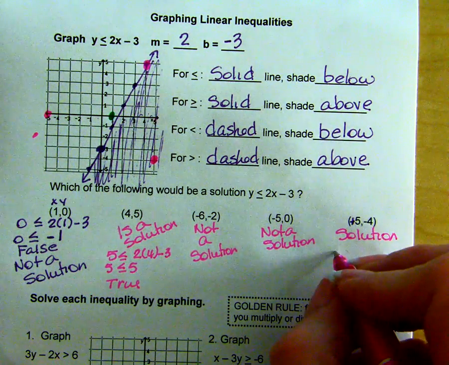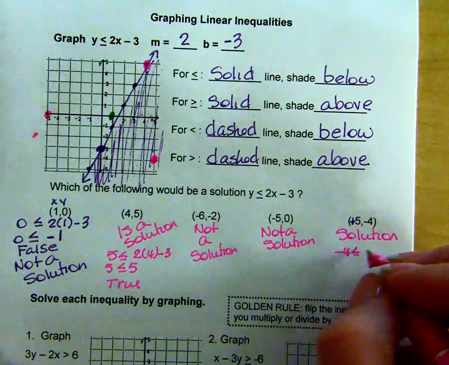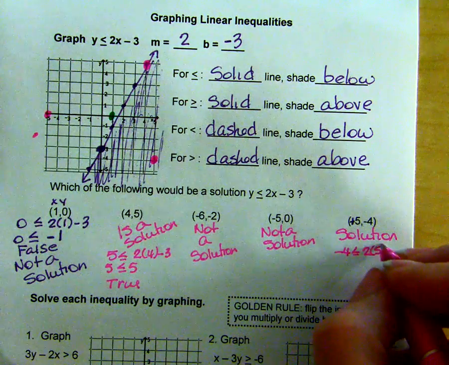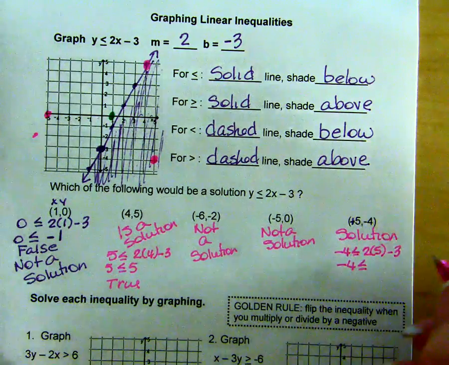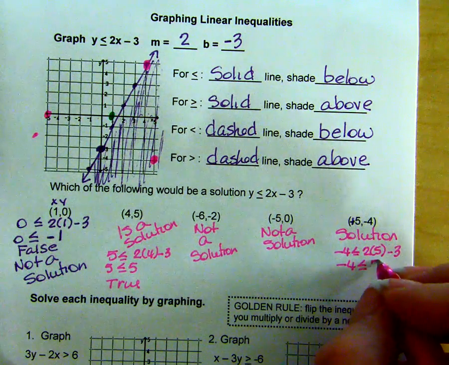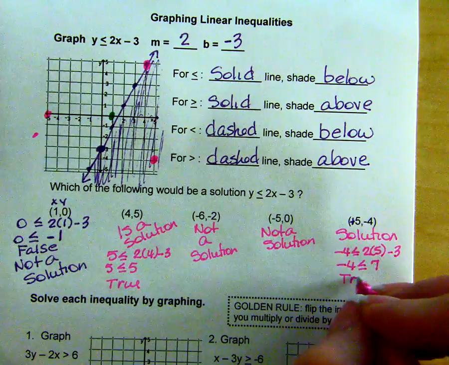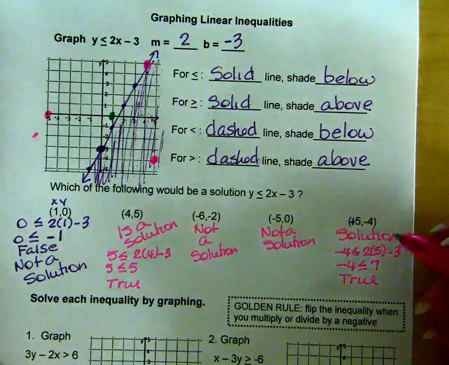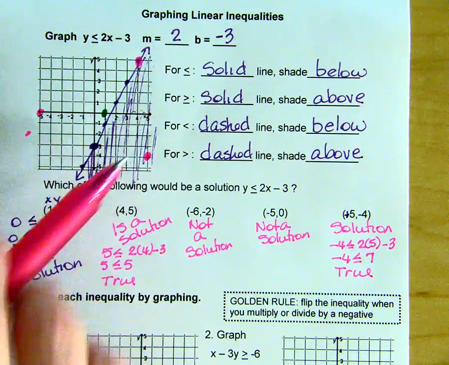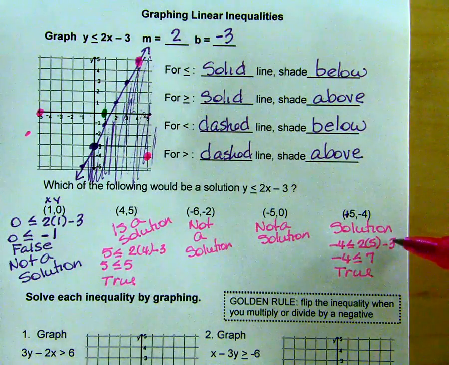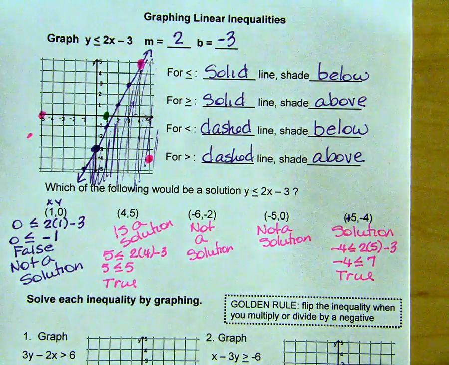So if I said -4 is less than or equal to 2 times 5 minus 3. So I'm going to say -4 is less than or equal to 10 minus 3, which is 7. And this statement is true. That is why we know it is a solution. Not only does it graph into the solution set, but we can tell algebraically that it is true.